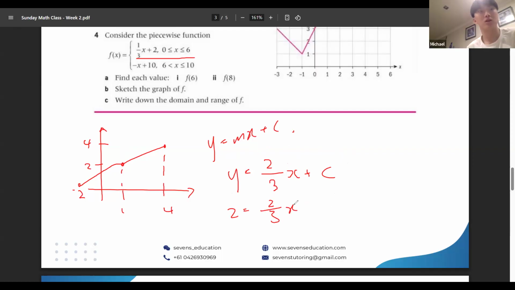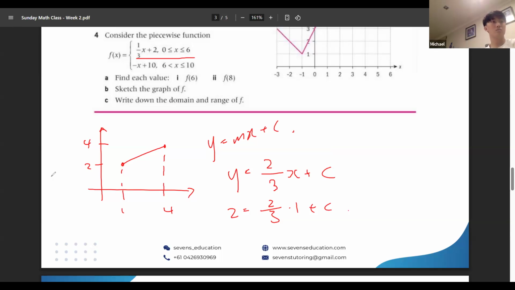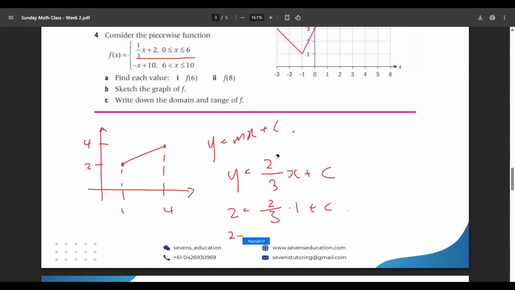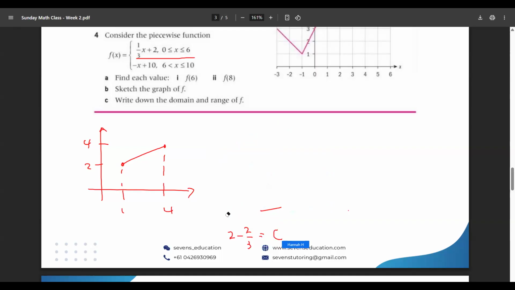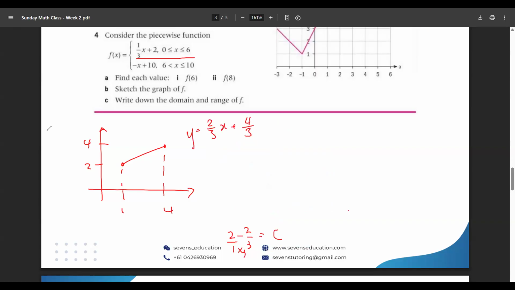So 2 equals 2 over 3 plus c. So what is c? 4 over 3. Yes.